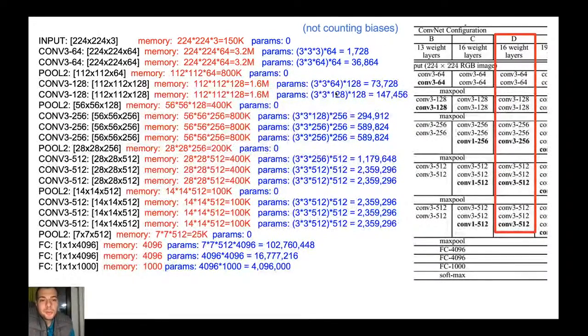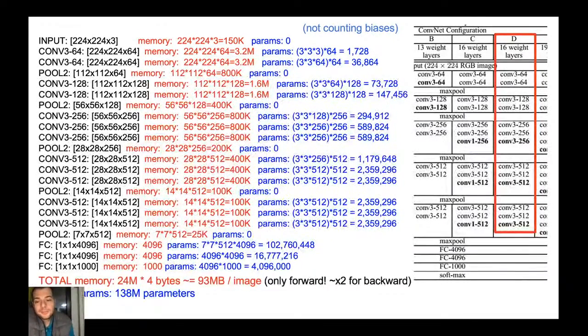And one generic observation that is valid also for AlexNet and other architectures. These are just some statistics about the model.